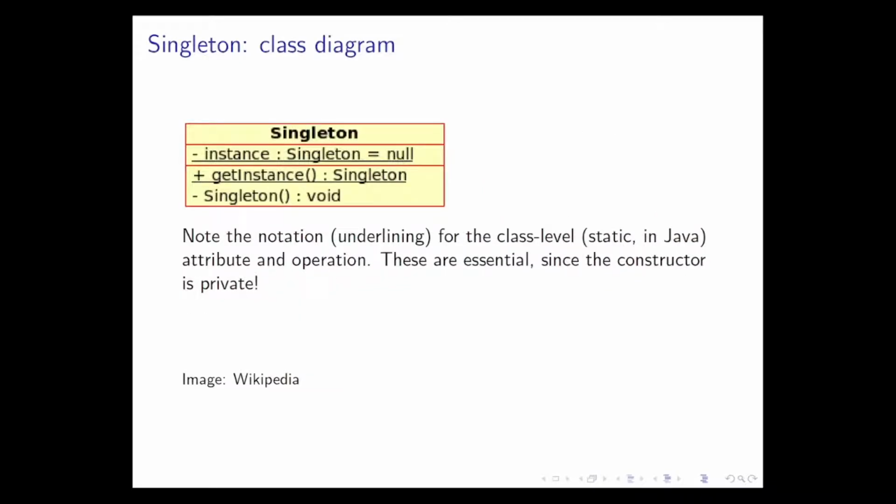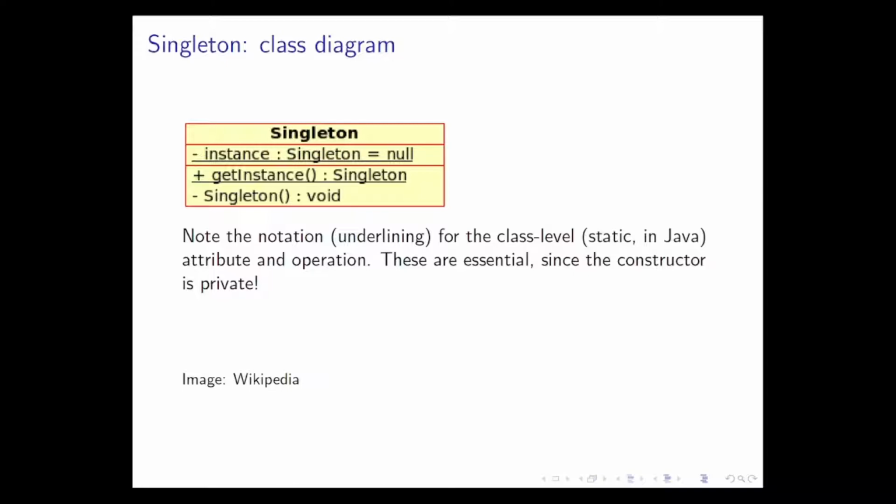So here's the class diagram of Singleton, and it's important here that you understand the UML notation underlining the specification of the attribute instance and the method getInstance, because this is telling us that these are static attributes and operations.